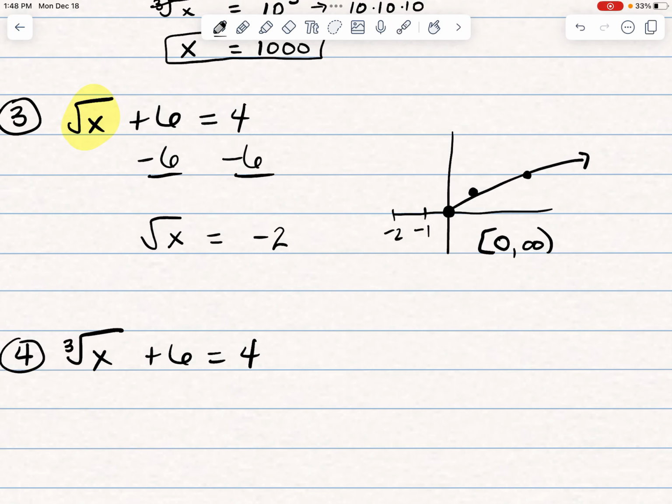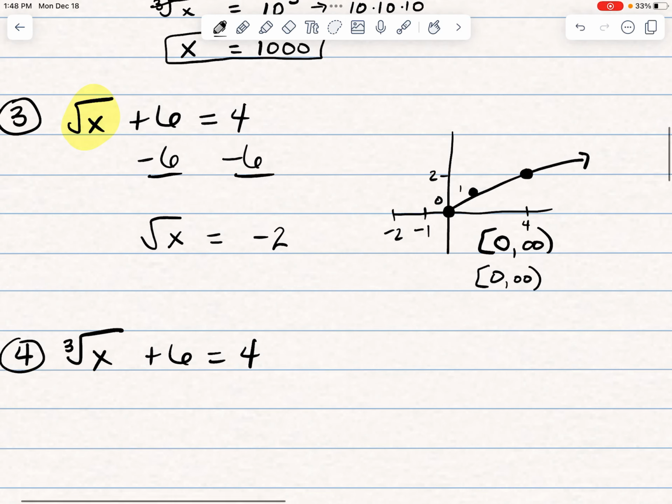So again, the range is the y values. So all of our y values here are 1, 2, 4, 0. So all of our y values are also from 0 to infinity. I'm sorry, that is (4, 2).